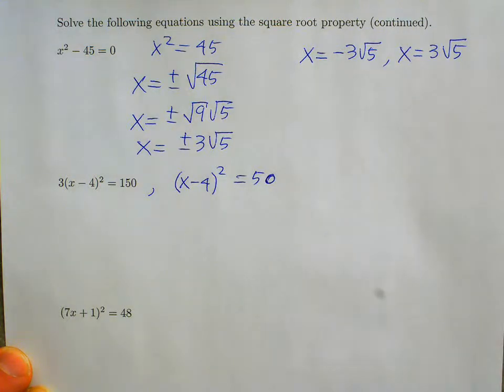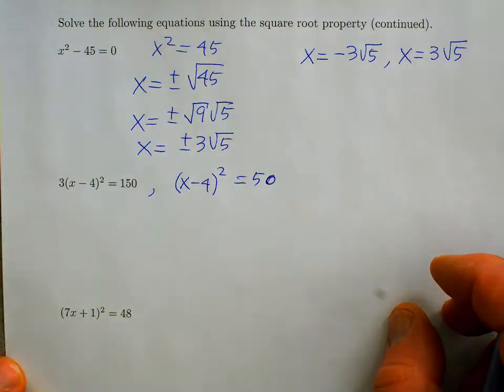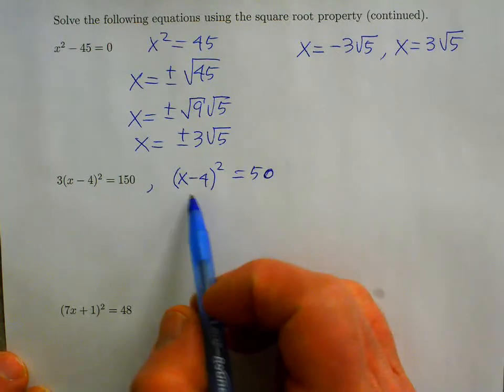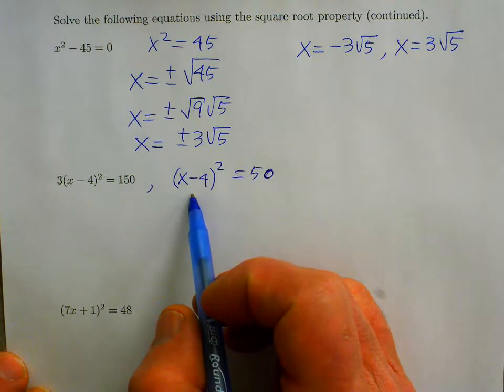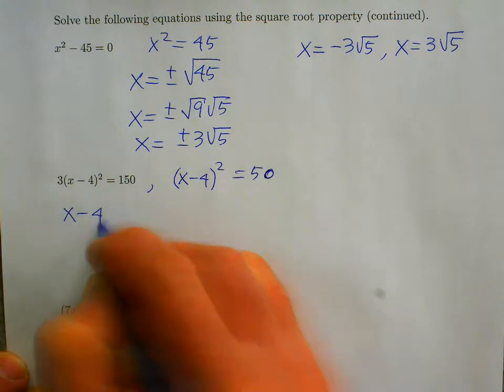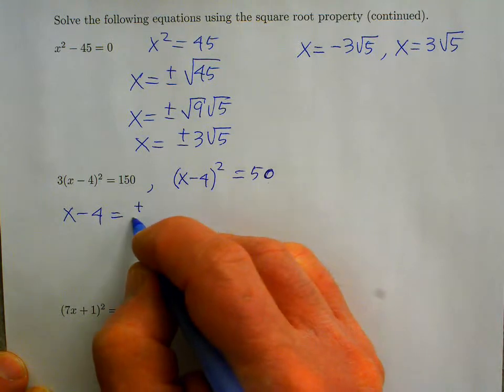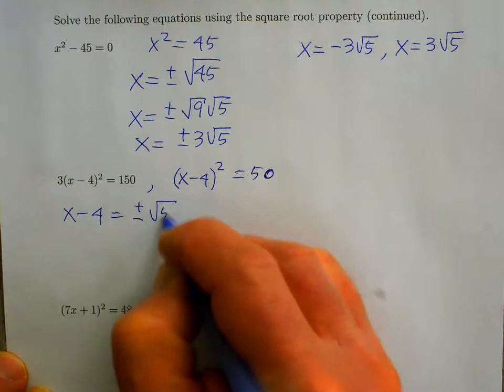And then apply the square root property. So we have a binomial squared equals 50. So the binomial x minus 4 is equal to positive and negative square root of 50.